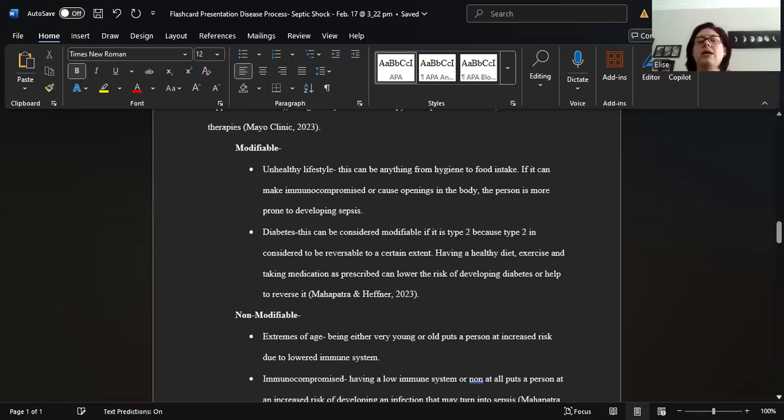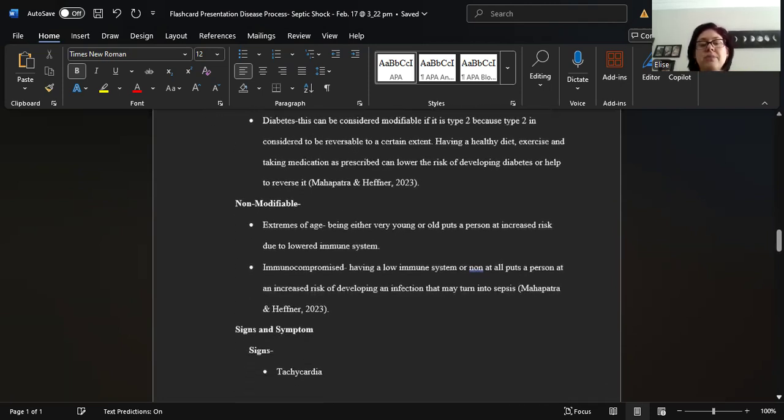And it can actually make you immunocompromised, which then makes the body more susceptible to infection and then in the process developing sepsis. Diabetes. So if it's diabetes type 2, obviously everybody knows that this one can be preventable or even reversed if it's not too far along. So this means having a healthy diet, exercising, taking the medications that you're supposed to be taking as prescribed.